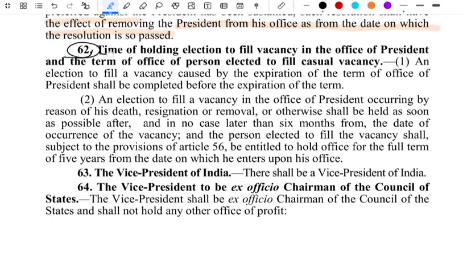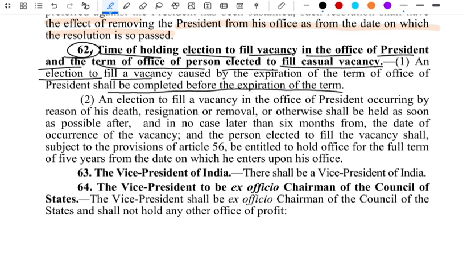Article 62 says the time of holding election to fill a vacancy in the office of the President and the term of office of a person elected to fill a casual vacancy. An election to fill a vacancy caused by the expiration of the term of office of the President shall be completed before the expiration of the term.